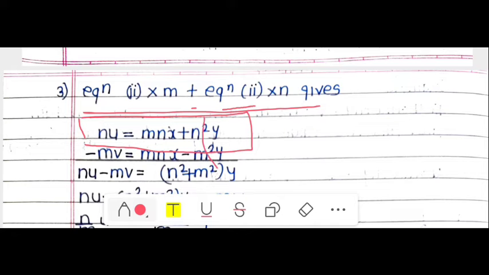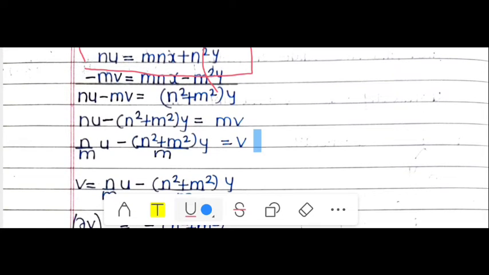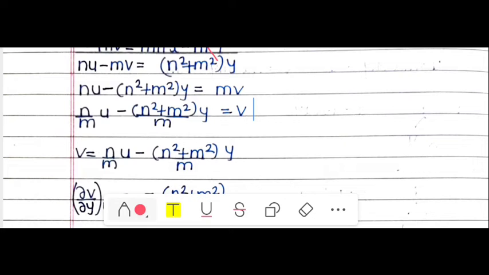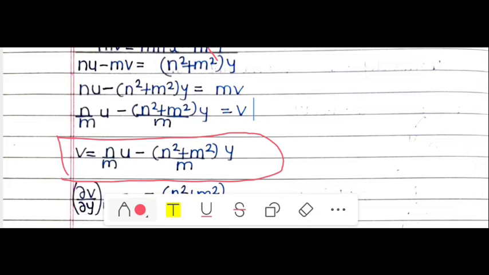By solving this equation for the value of v, we get v is equal to n upon m into u minus n square plus m square divided by m into y. We have to eliminate x here, since we require v as a function of u and y.